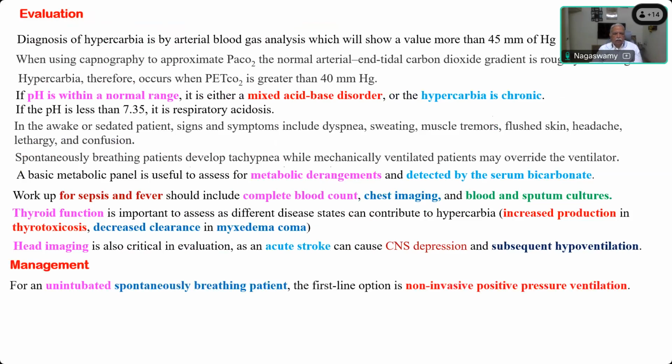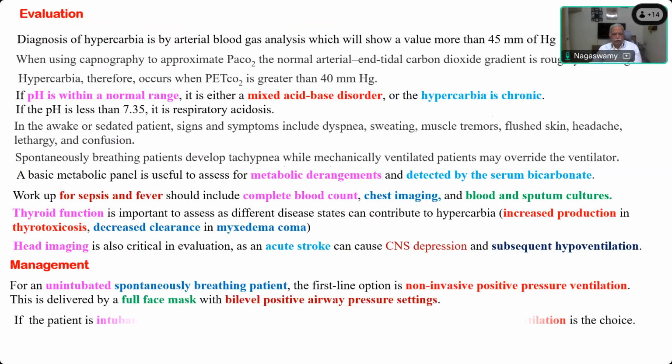Now coming to the management. For an unintubated spontaneously breathing patient, the first choice is non-invasive positive pressure ventilation, and you must use a full face mask, not the nasal portion alone, with bi-level positive airway pressure settings.